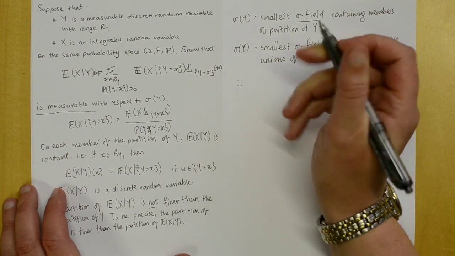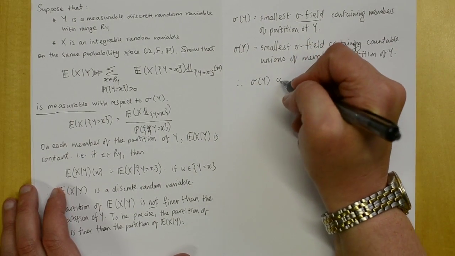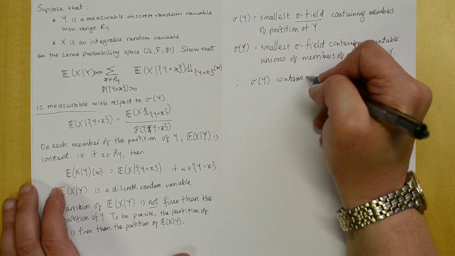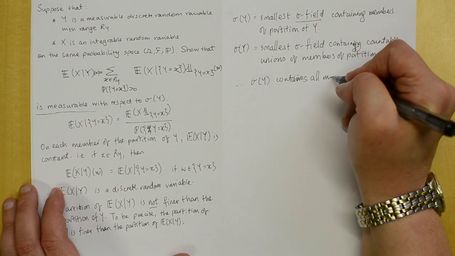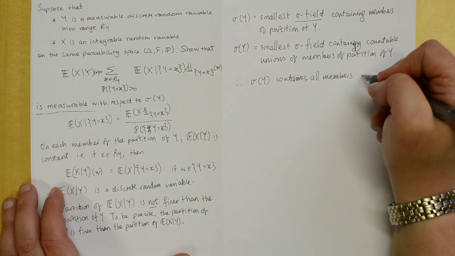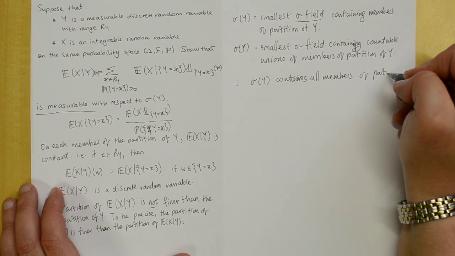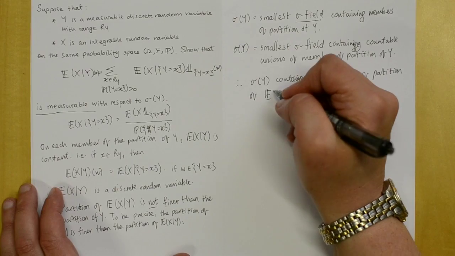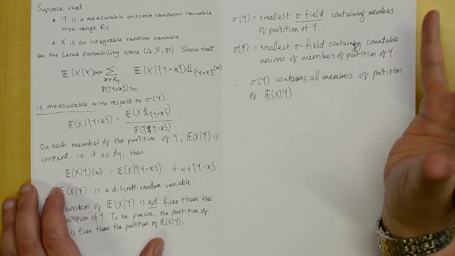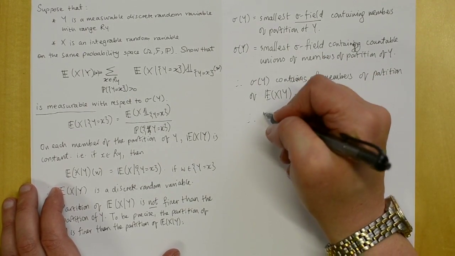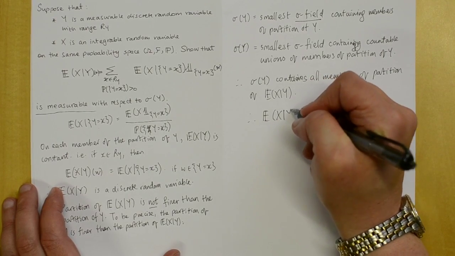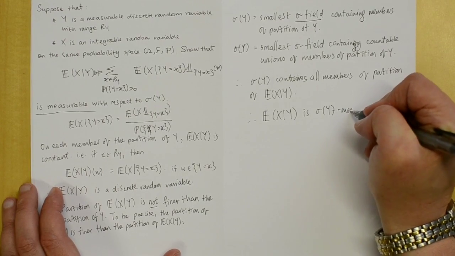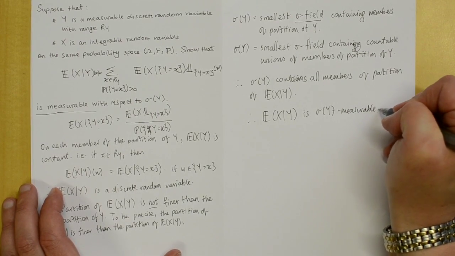In other words, sigma y contains all members of the partition of the expected value of x given y, and this exactly means that the expected value of x given y is sigma y measurable. And there we go.